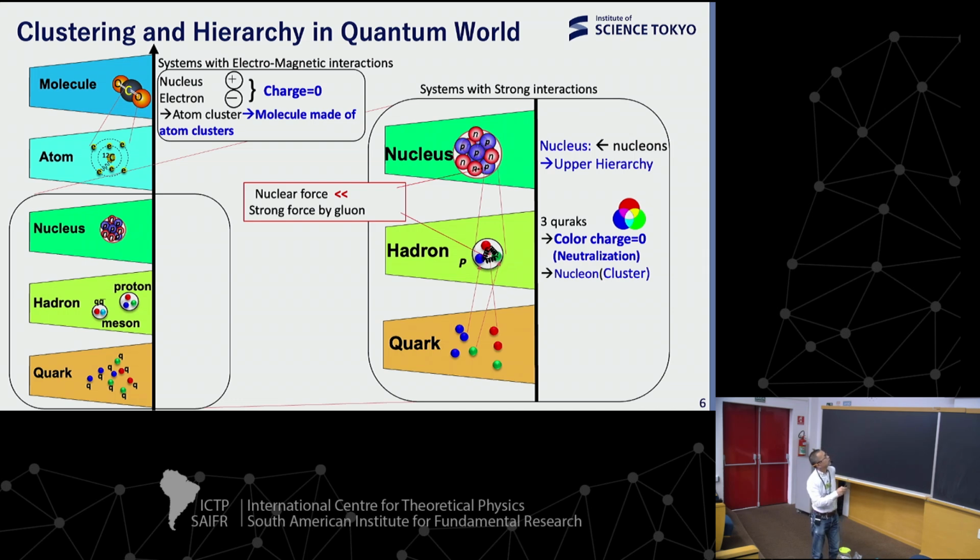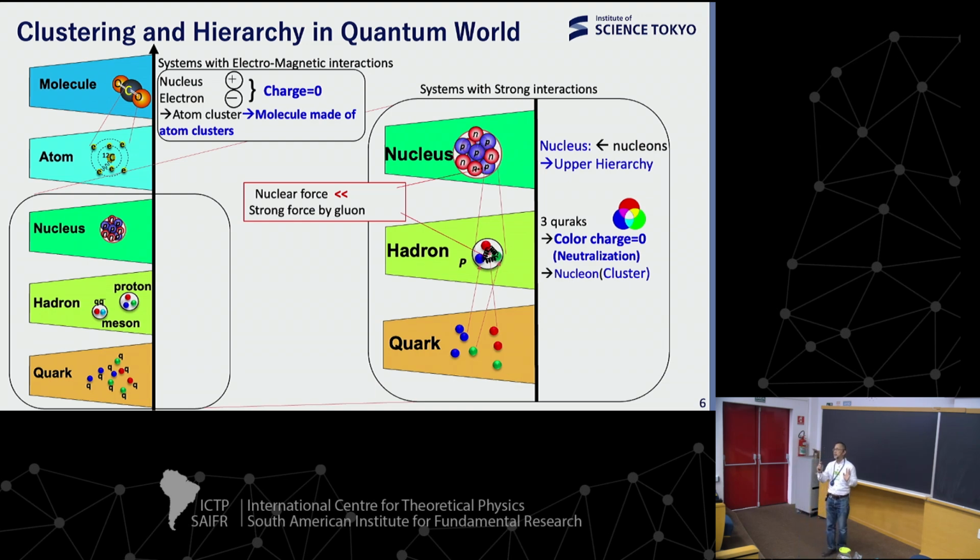As you see here, we know that the atom is composed of a nucleus and electrons, and whose electric charge is basically 0 because of this. So this is like a neutralization, and due to this neutralization in the molecules, the interactions between atoms are much weaker than the electromagnetic force between nucleus and electrons.